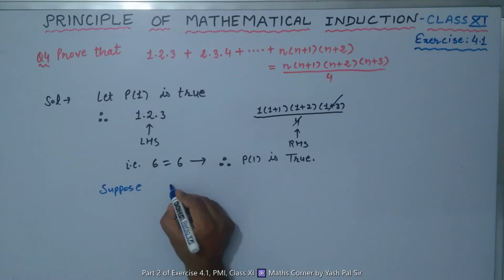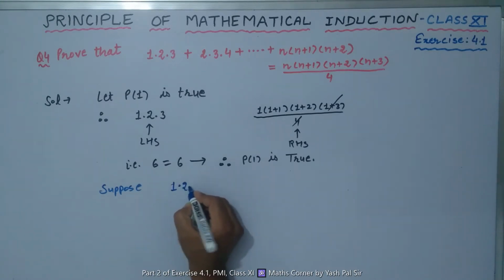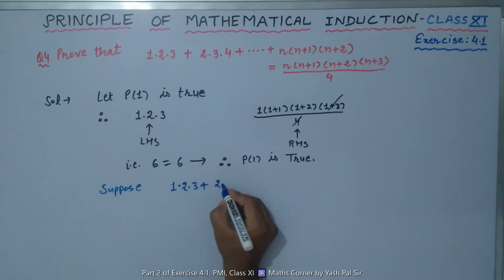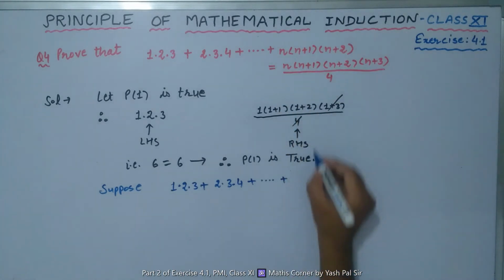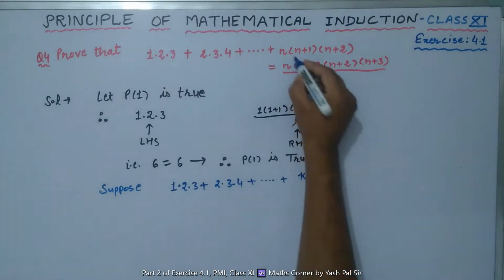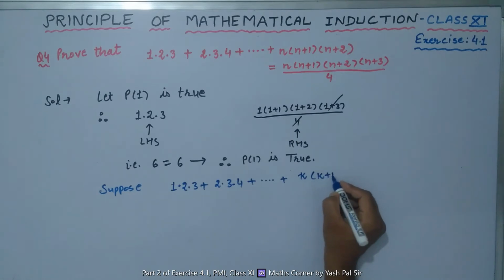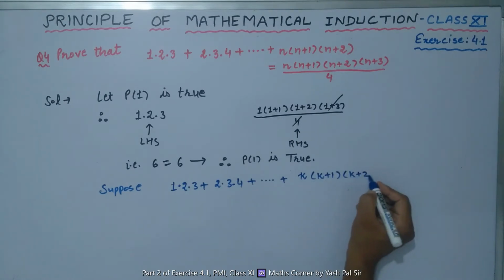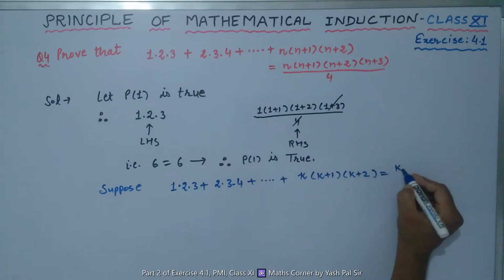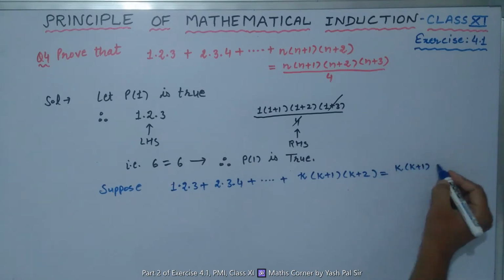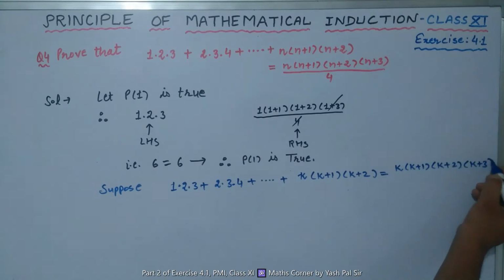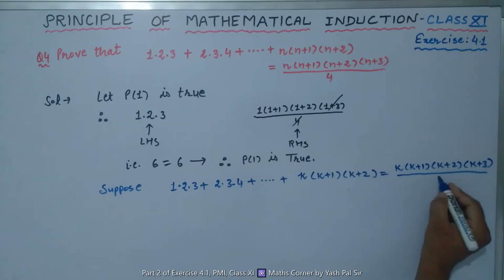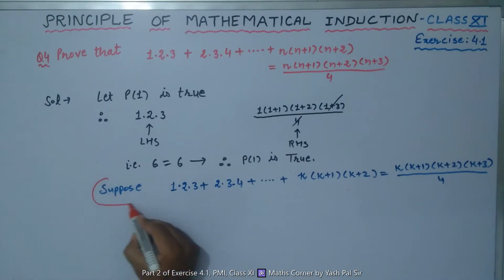So we write 1 into 2 into 3 plus 2 into 3 into 4 plus and so on, with the last term for n is equal to k being k into (k plus 1) into (k plus 2), and the right side becomes k into (k plus 1) into (k plus 2) into (k plus 3) whole divided by 4. We suppose this is true.